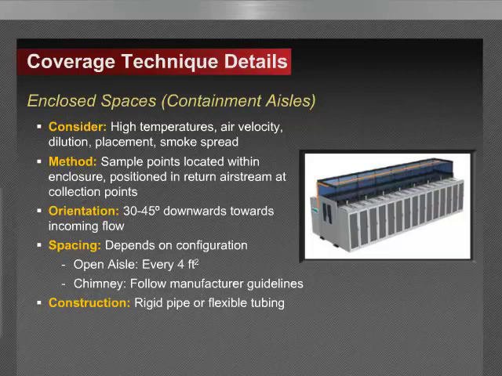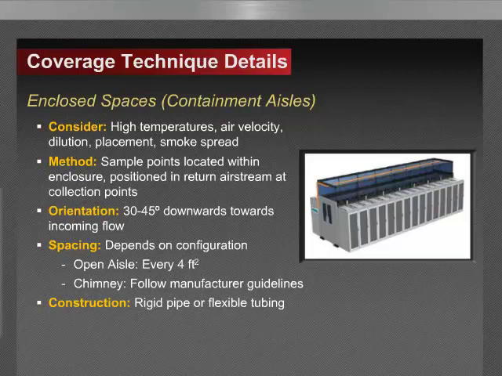The orientation is 30 to 45 degrees downwards towards the incoming flow, and the spacing depends on the configuration, since we can have a variety of different configurations, and we're always seeing new configurations. But essentially where we have open aisles, that is open entry points into the plenum, consider every 4 square foot of opening to the plenum with a sample port.